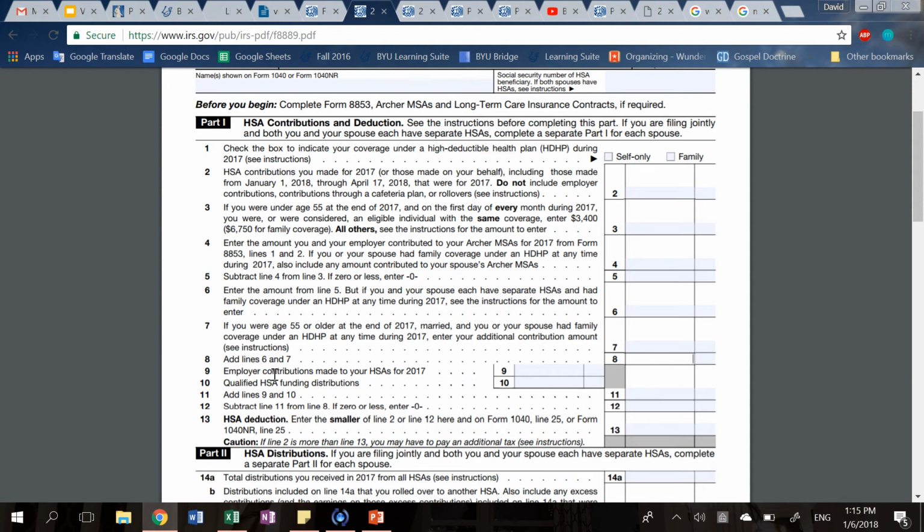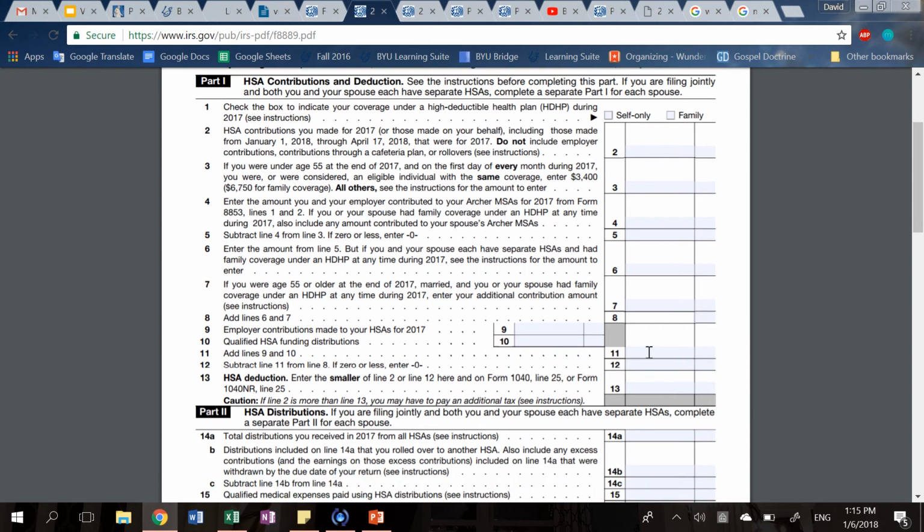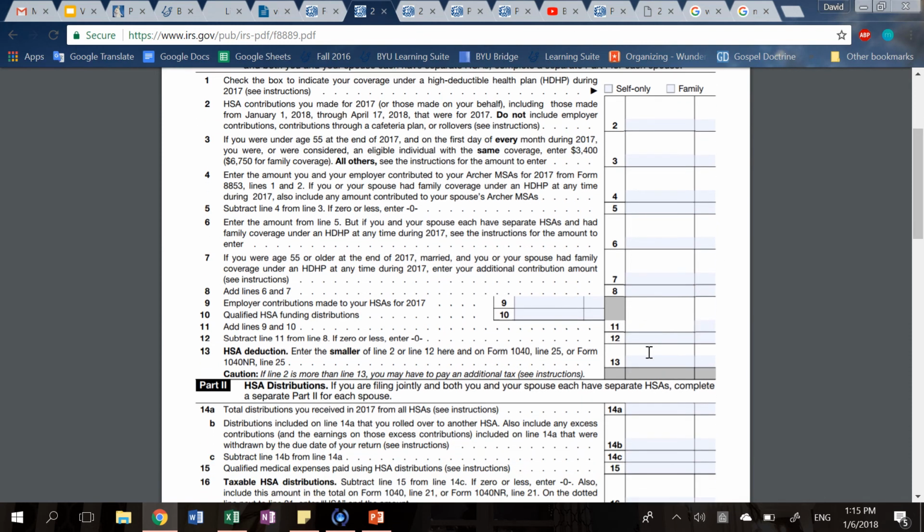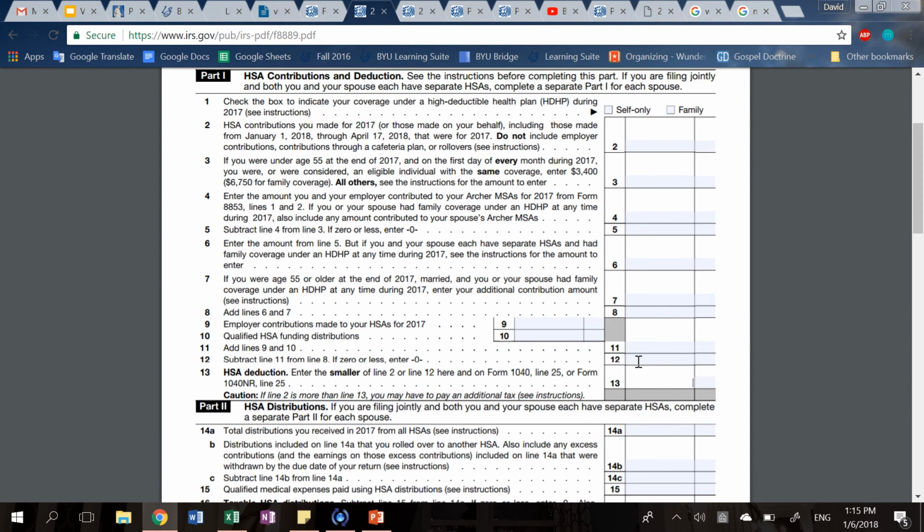Line 9 is just the employer contributions to your HSA that year. And that'll give you line 11. Then you'll subtract line 11 from line 8, and you will get a number for line 12. And the smaller of line 2 and line 12 is what you will put in line 13, which is the deduction amount for your HSA contribution.